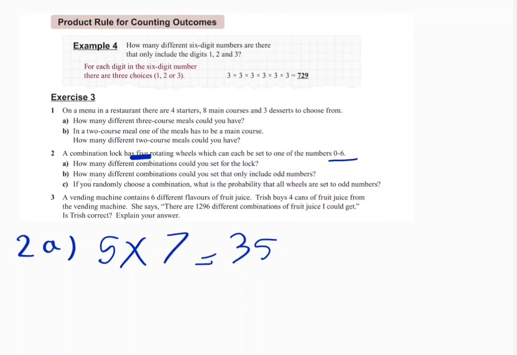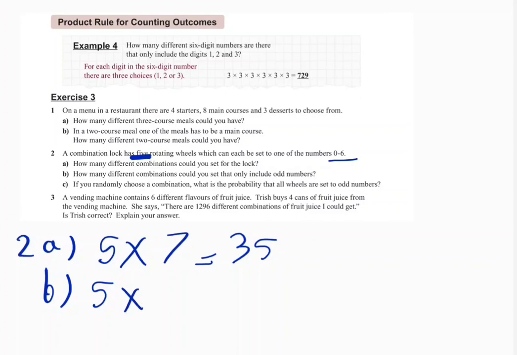Now part B says, how many different combinations could you set that only include odd numbers? Right. So again, it's restricting our options, because now we can only have odd numbers. The first one remains basically the same, because that's the number of rotating wheels, which is 5.